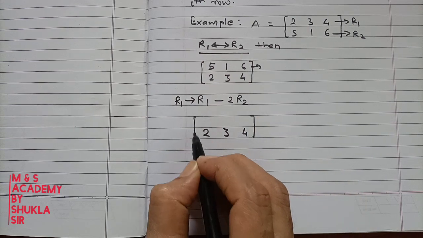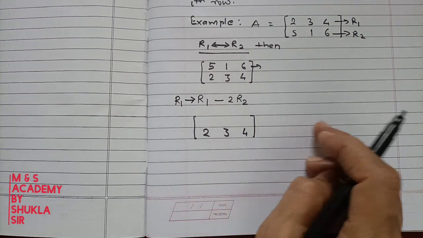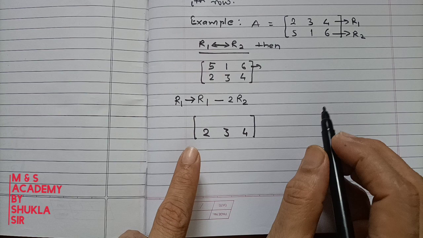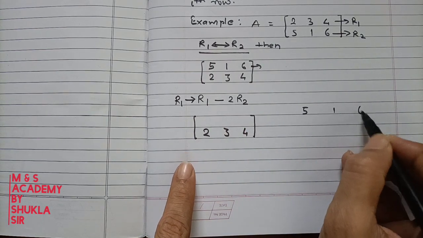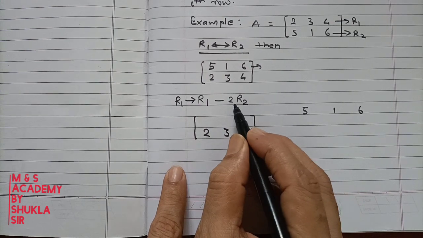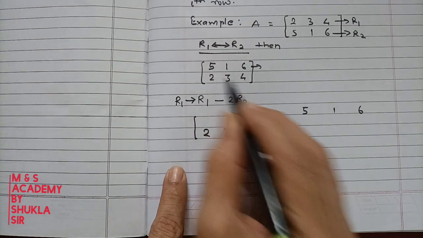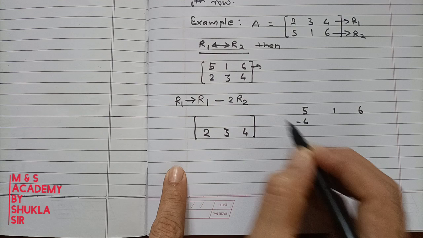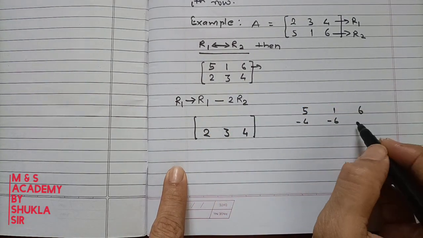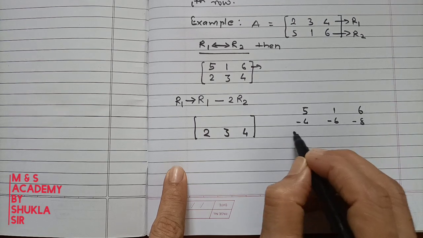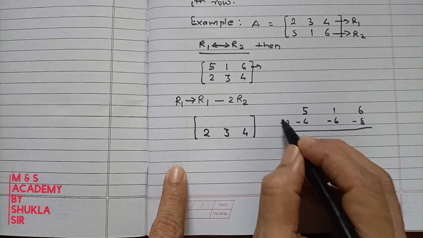And you can write that performance over here. So R1 is 5, 1, 6, and we need to multiply by minus 2. So this is minus 4, this one is minus 6, this one is minus 8. Add this one.